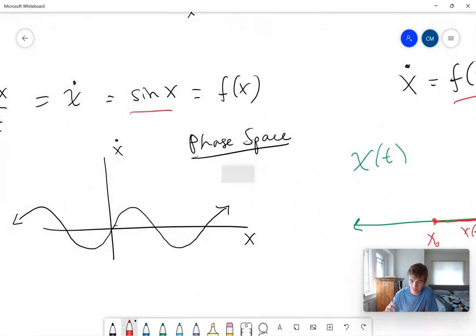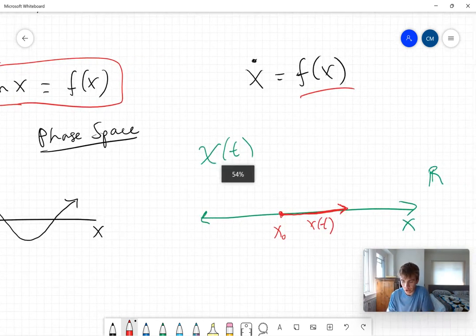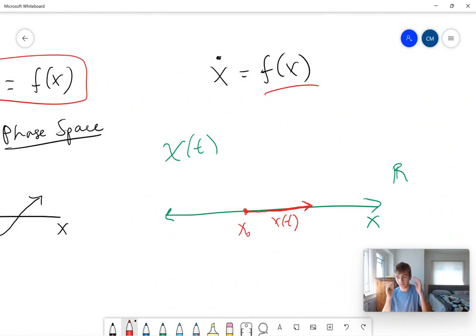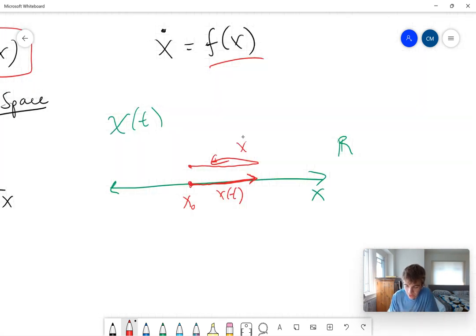And it turns out that in this autonomous equation, with no time dependence on the right-hand side, this flow is only going to be monotonic. It's never going to, for instance, start flowing here and then reverse direction. That's physically impossible. Because if you think about this x dot, it is determining the direction of the flow along this line.